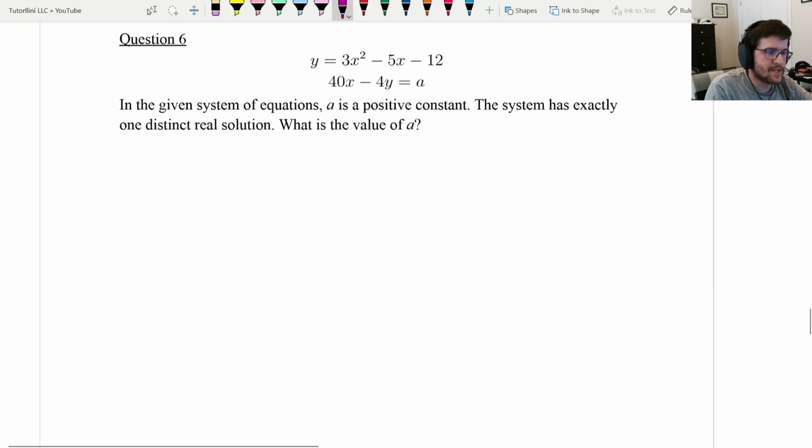Okay, question 6. Top one's a quadratic, the bottom one's a line. This is a linear quadratic system. So a linear quadratic system, once you substitute it, becomes a quadratic. So our plan of attack is we're going to substitute it and use the discriminant. Now, you do not have to always use the discriminant for a question like this.